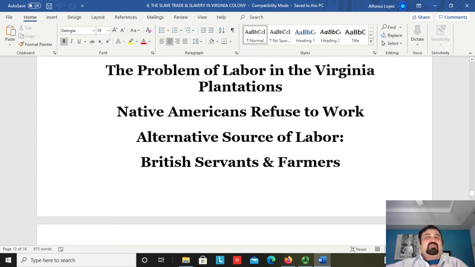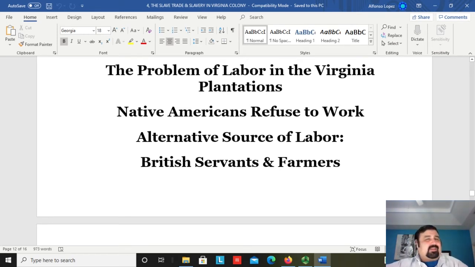If anybody knows how to grow it, how to take care of the plant, how to actually harvest it, how to actually process it into a cigar, the way it was actually consumed, well, the Native Americans, they're the experts. They know everything about it. So initially the idea is, well, Native Americans can actually do this type of work.